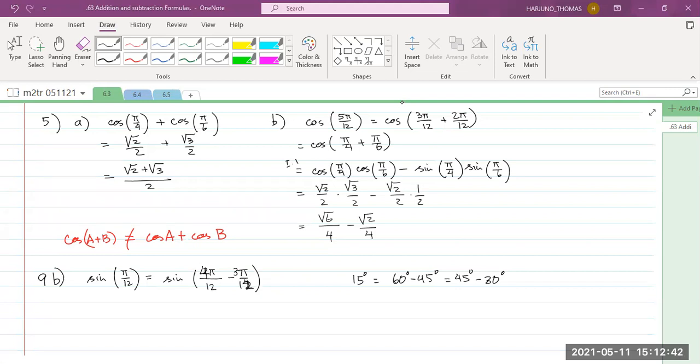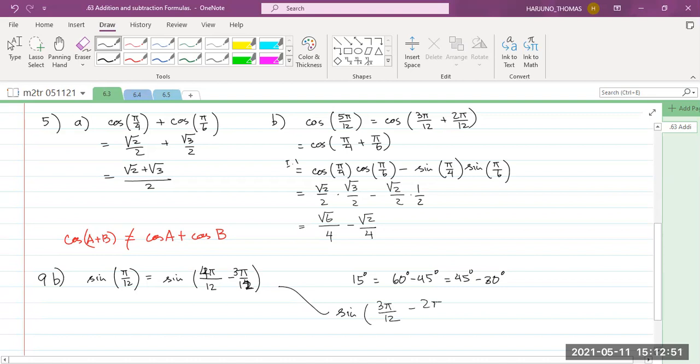Or you can also use sine 3 pi over 12 minus 2 pi over 12. Right? This is the 60 degrees minus 45 degrees. This one is 45 degrees minus 30 degrees.